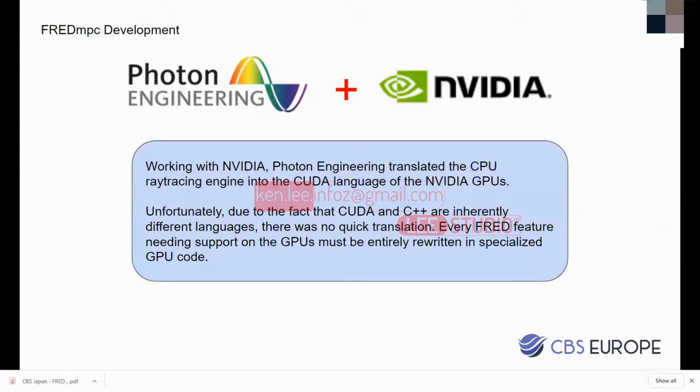So the development team just had a long list of things they needed to translate one by one into the CUDA code. There was no shortcut to doing this. This took a couple of years, and is probably the reason why no other larger ray trace software, i.e. our competitors, have done this yet. It's just a huge job.